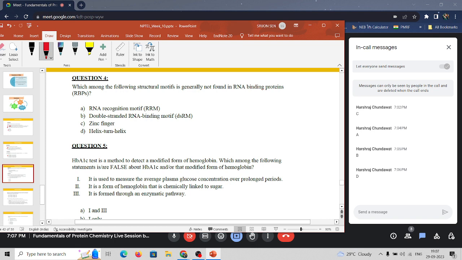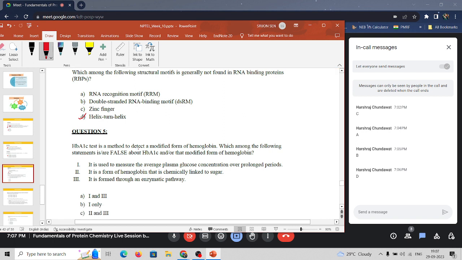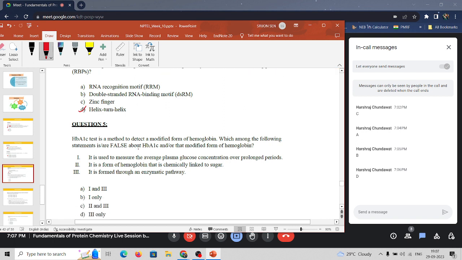But your helix turn helix motif is basically a DNA binding motif. So D is not an RNA binding protein, and this is a DNA binding protein. So helix turn helix is the correct answer. Good.